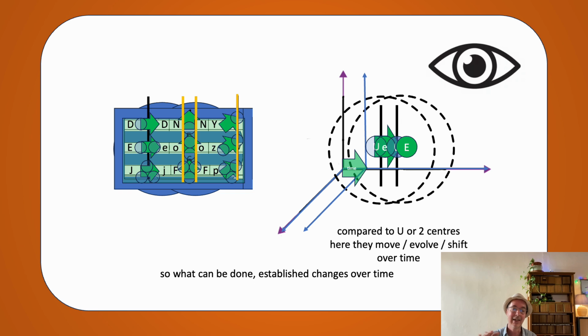The E, the A, actually, it is as a letter A, is what you can use after a while, and so on. It changes. It changes because of the adaptation over time. It moves, it evolves, it shifts over time. So things can be established with some changes that are done over time.